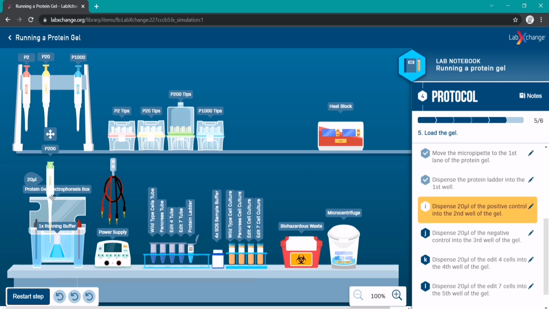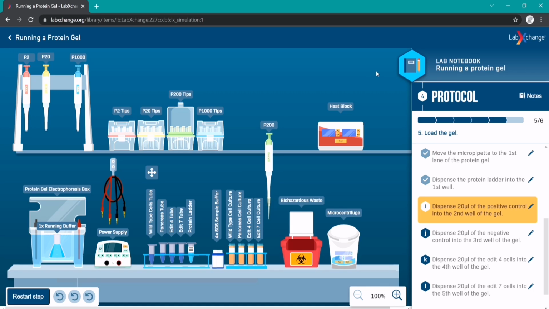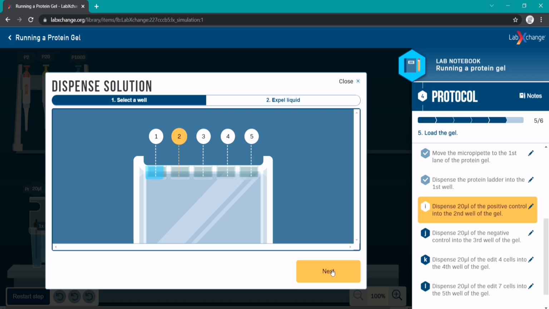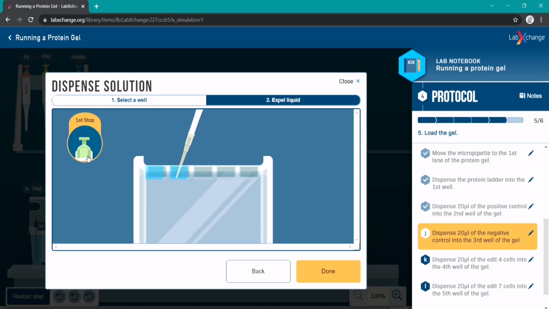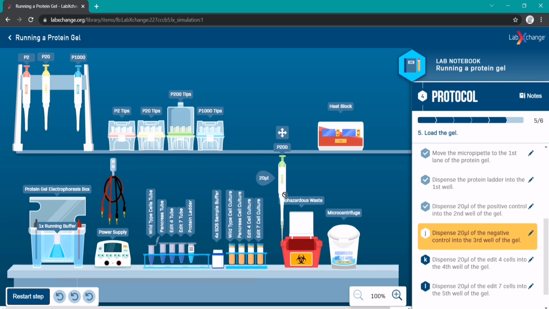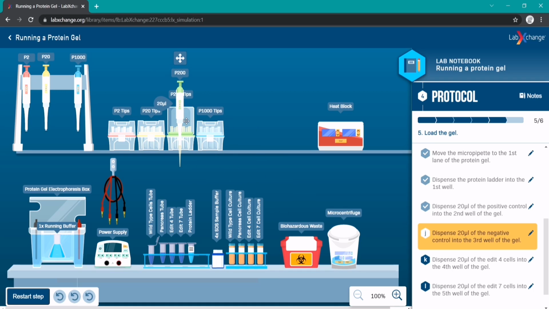Dispense 20 of the positive control into the second well of the gel. Now, dispense 20 of the negative control into the third well of the gel.